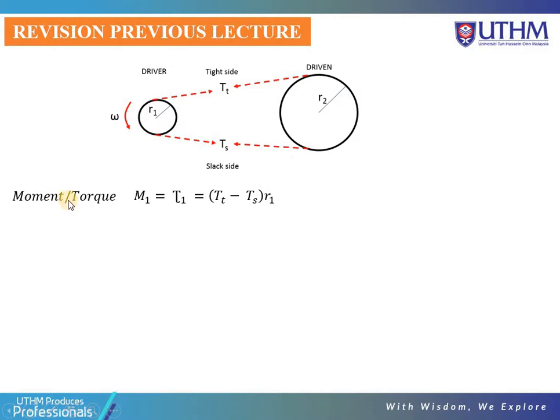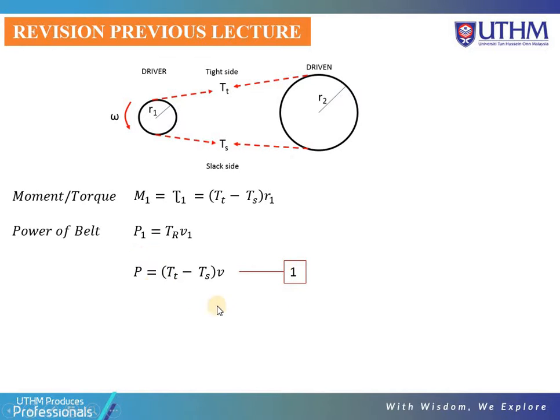So you know that the moment torque occurring at pulley 1 is equal to the resultant tension of the belt times the radius R1, while the power of the belt at pulley 1 is equal to the resultant torque times the velocity of the belt.